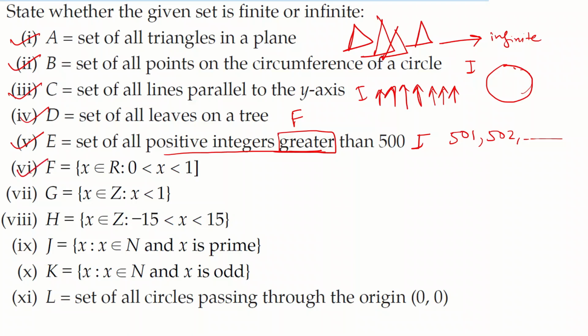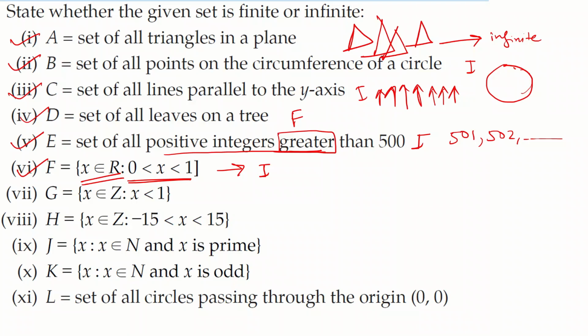Now question number 6. F is the set of all real numbers which lie between 0 and 1. So we have already discussed this is uncountably infinite set because there are zillions and trillions of numbers. There will be no pattern in which you can count them. You can find millions and zillions of numbers between any two numbers that I give you.